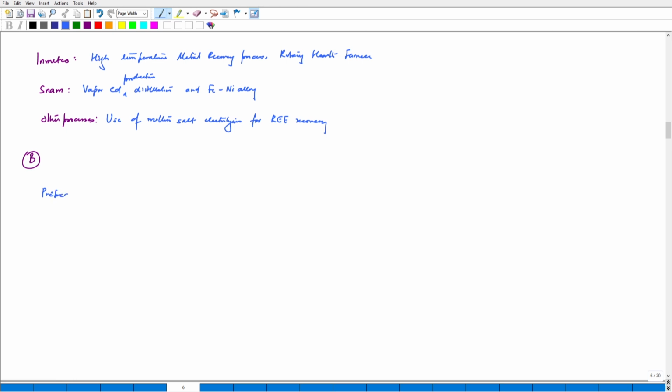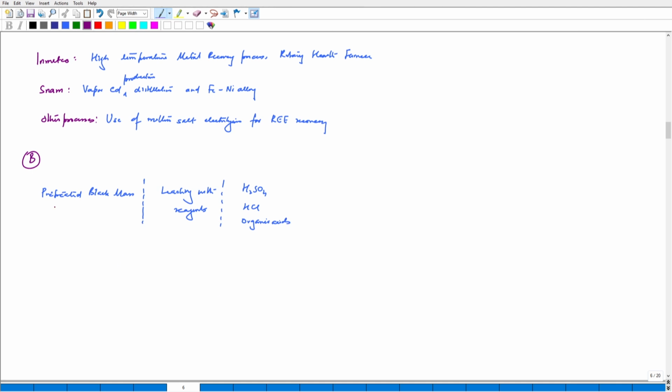pre-treated black mass is, and we know that black mass is coming from the electrodes. We are going for leaching with reagents, and we know what reagents we will be commonly using: H2SO4, HCl, and organic acids.